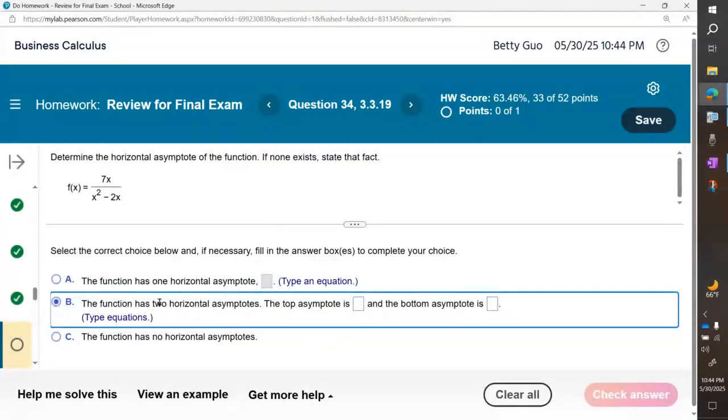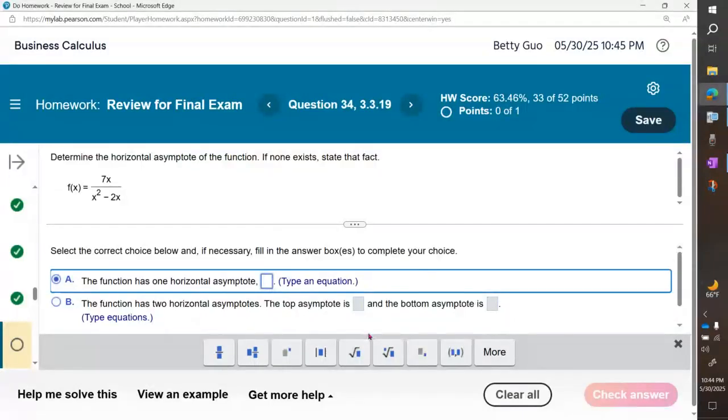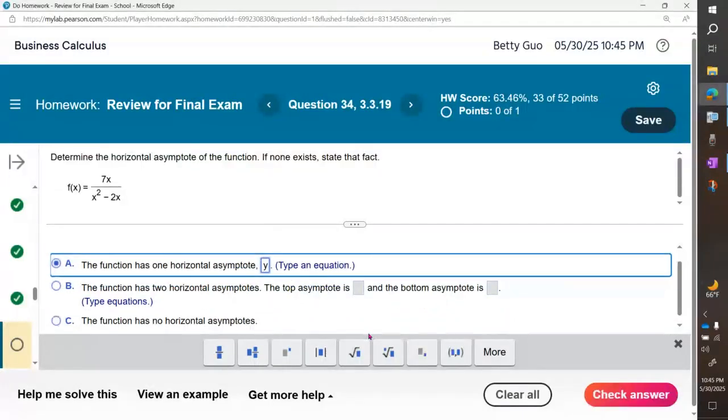Just imagine, when x approaches infinity, the top approaches infinity, and the bottom also goes to infinity. But the bottom has a higher degree, so it runs faster. Because the bottom runs so fast, it seems like the numerator doesn't change. So when the numerator does not change and the denominator goes to infinity, the quotient goes to 0. So y equals 0.